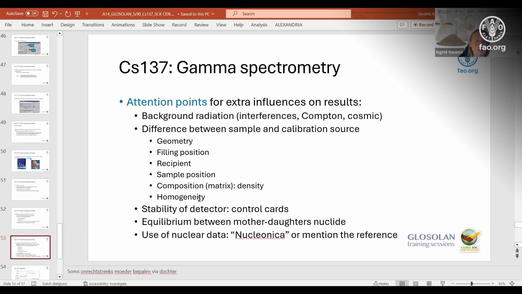Or if you're not using that, you can also mention the reference so that everyone can calculate back. From your calibration, we can calculate back towards the nuclear data. But we use Nucleonica as a source of nuclear data.